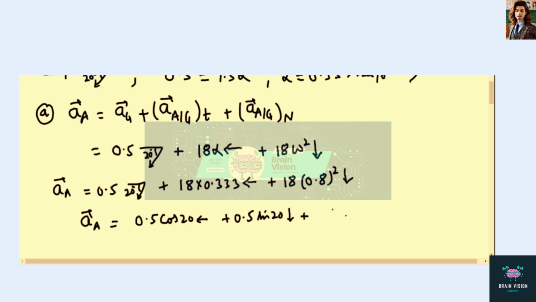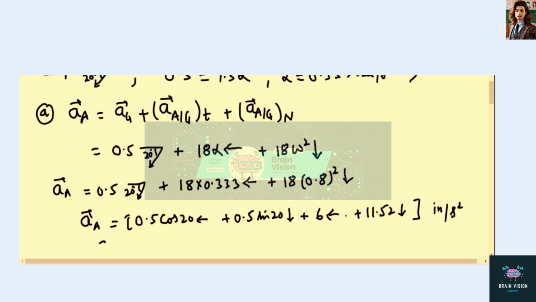Then this can be written as 6 towards left plus 11.52 downward, and the unit will be inch per second square.